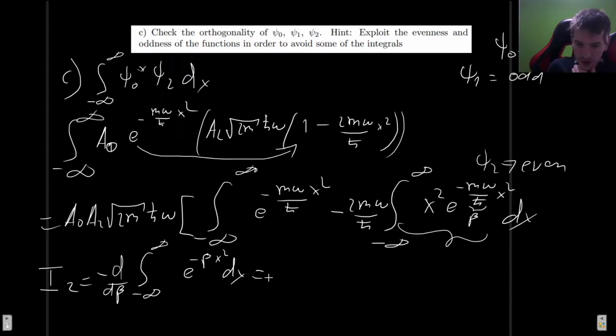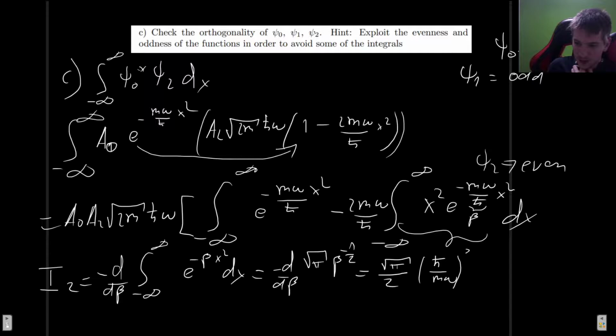Now this is just going to be minus d by d beta of the square root of pi times beta to the minus a half. Now we do this derivative, we get square root of pi divided by 2 times beta to the minus 3 divided by 2, but beta is just m omega over h bar, so we can write it as h bar divided by m omega to the 3/2 power.